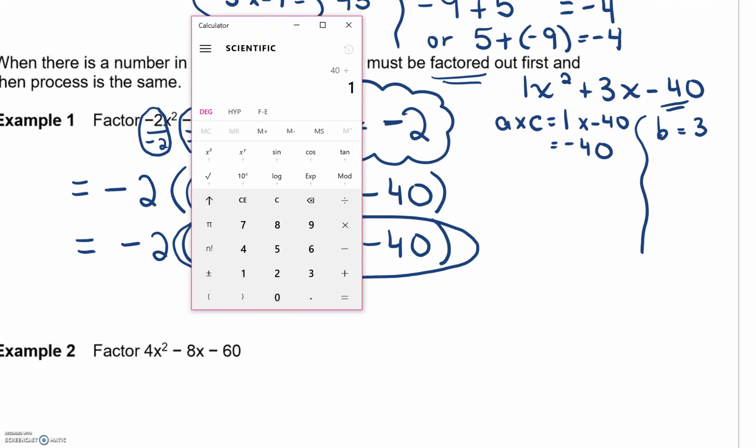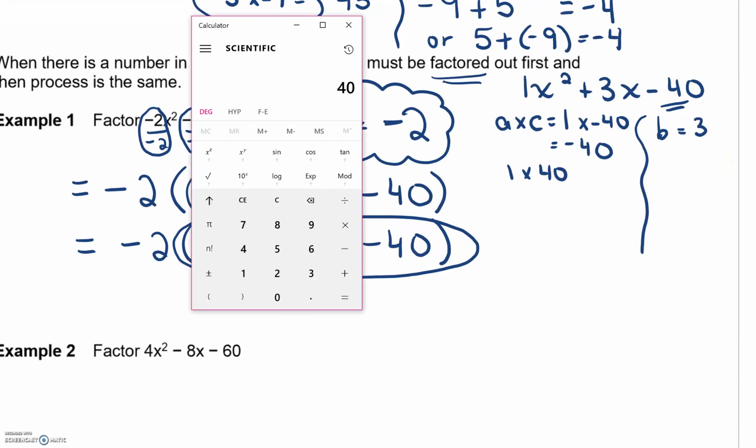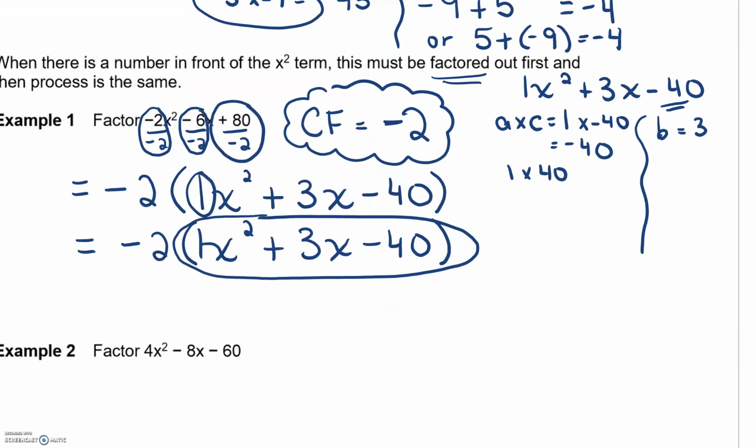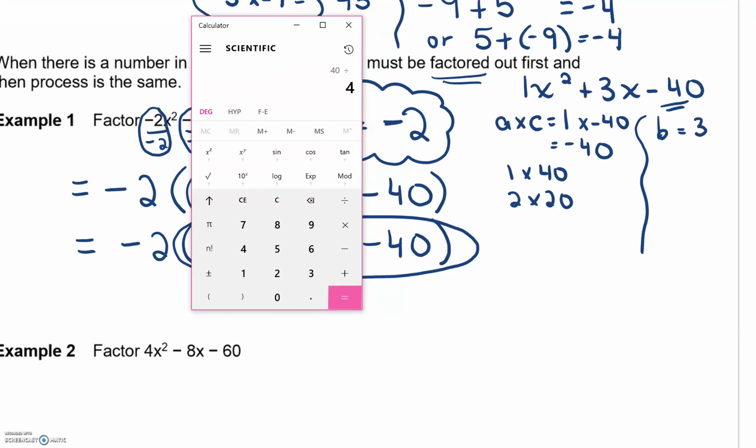So 40 divided by 1 is 40. So 1 times 40. Then we'll go ahead and do 40 divided by 2, which is 20. So 2 times 20. 40 divided by 3. Oh, that didn't work. 40 divided by 3 is a decimal. 40 divided by 4 is 10.